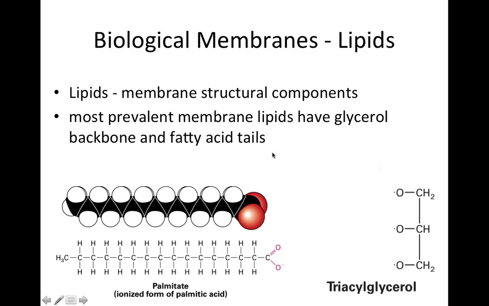And the more prevalent membrane lipids have a glycerol backbone and a fatty acid tail. So again, these are just examples here. So this is palmitate or palmitic acid, again, a straight chain. And then at the head group would be a triacylglycerol, for example. So carbon and oxygen.